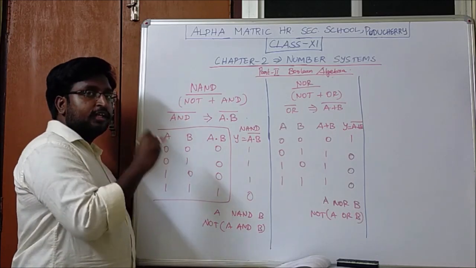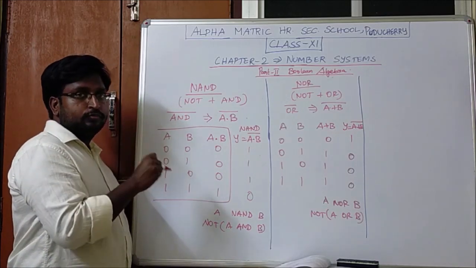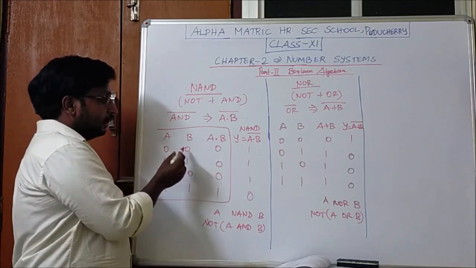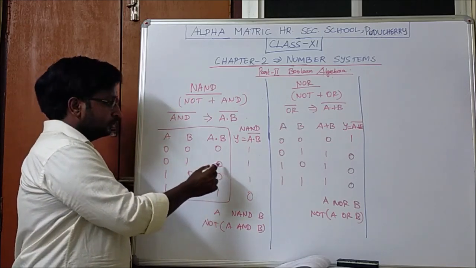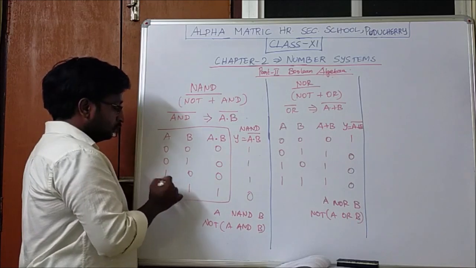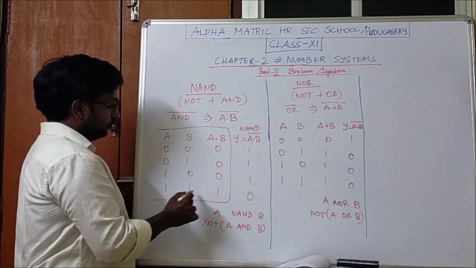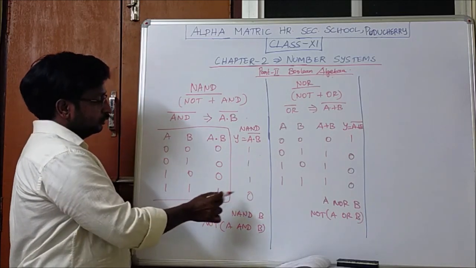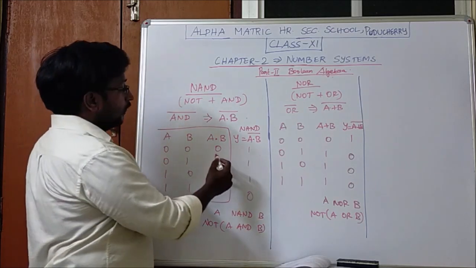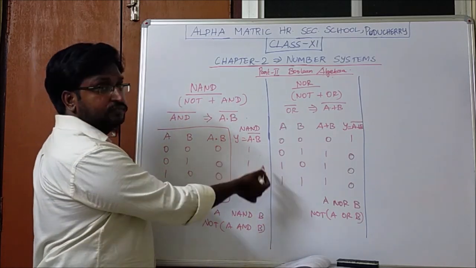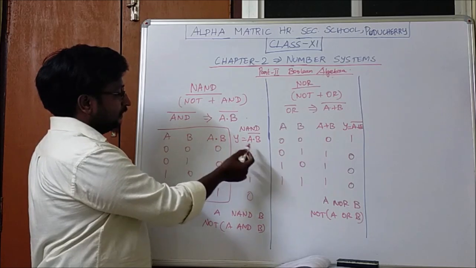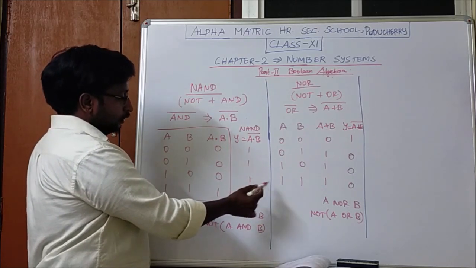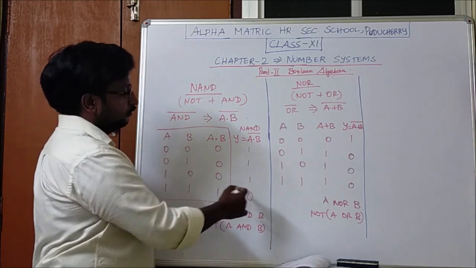Both inputs must be true, then only the output will be true. So here only one input is true, so the output is false. Here also only one input is true, so the output is false. Here both the inputs are true, so the result is true. We have to invert this, the opposite of this. So the opposite of false is true, again true, true, and the opposite of true is false.